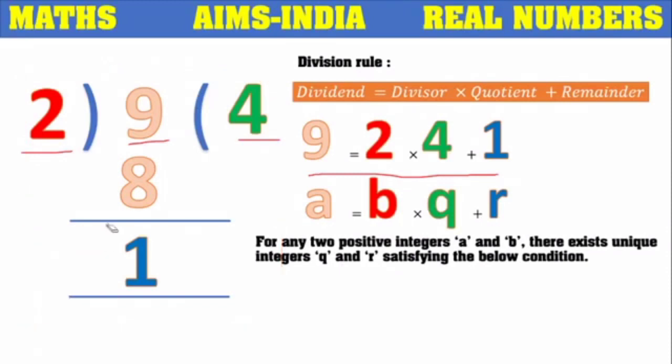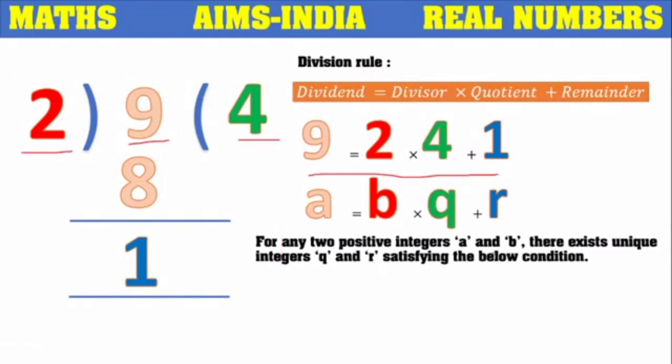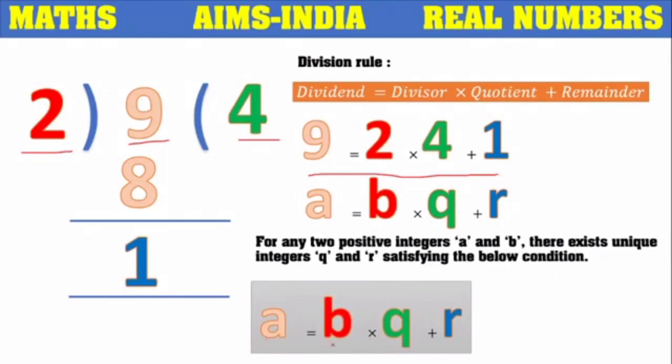So here, for any two positive integers a and b, there exist unique integers q and r satisfying the below condition, that is a equals b into q plus r. Here we have taken two positive integers, one is 9 and another one is 2. For the two positive integers a and b, there exist two more integers, 4 and 1, which are unique.